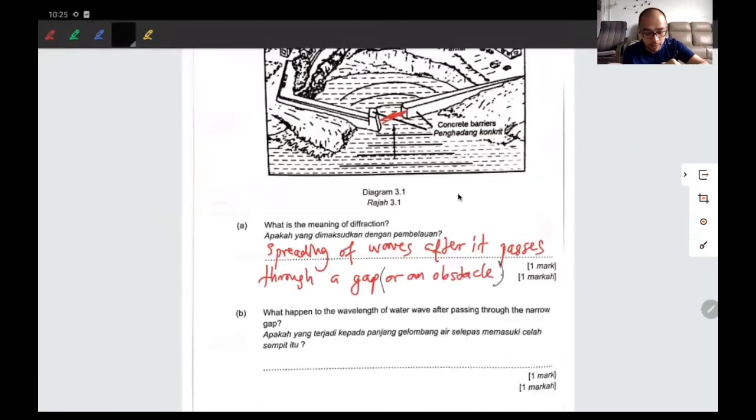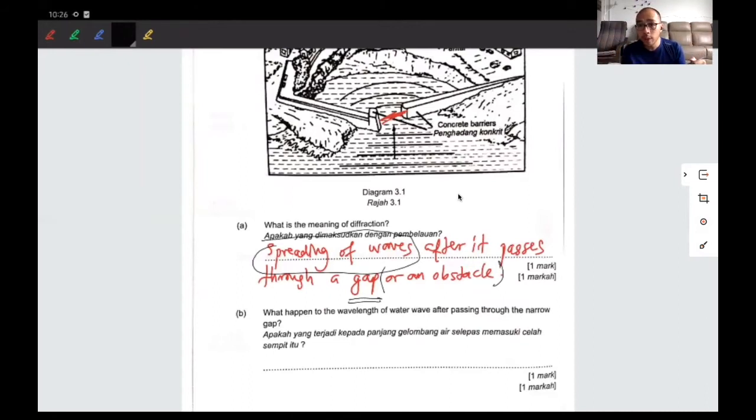The most important one is the gap. The most common one in our physics SPM is gap. We don't really talk about obstacle that much, but we always talk about gap. But the key word is the spreading of waves. The waves spread out after it passes through the gap.